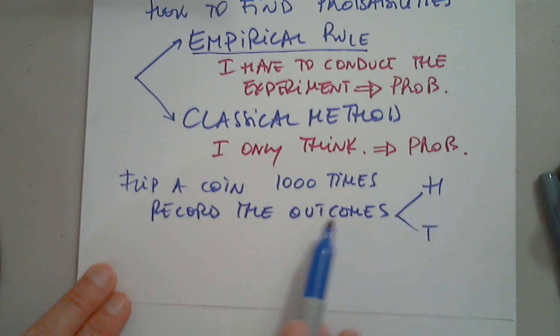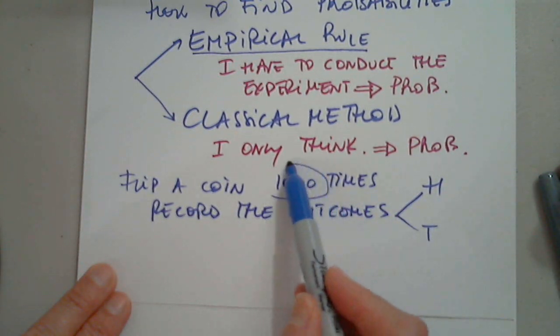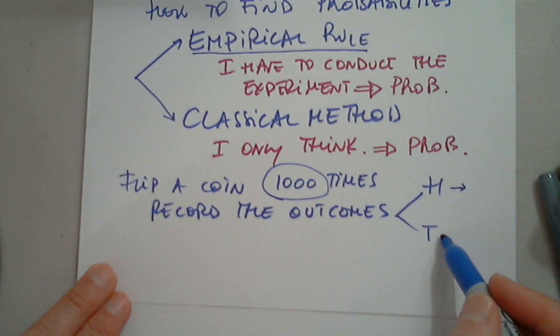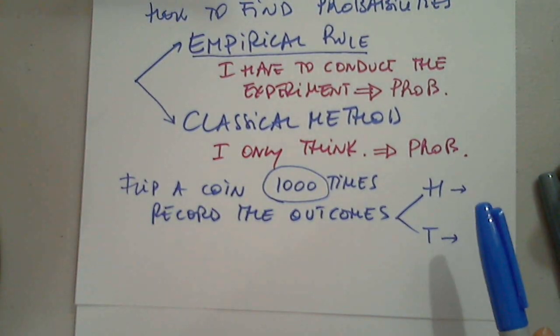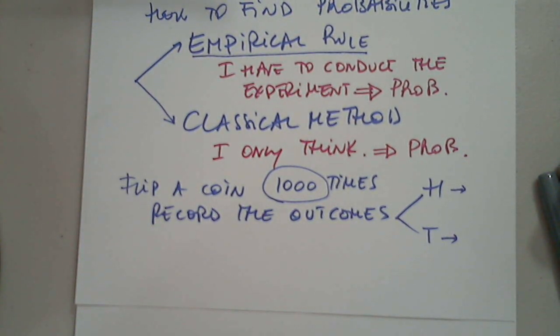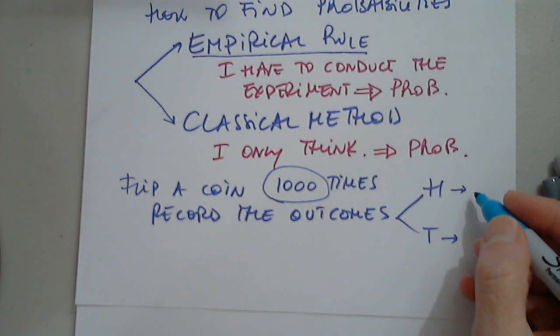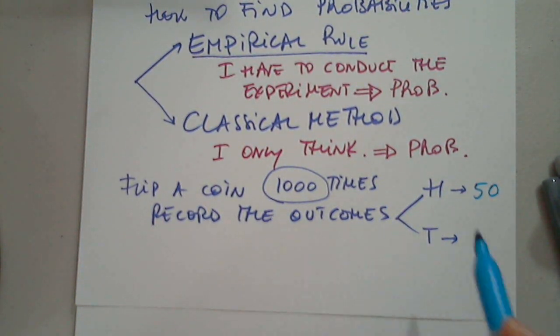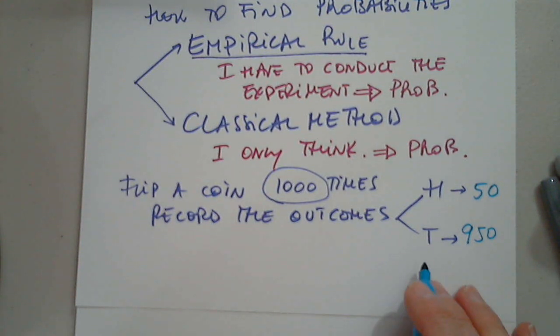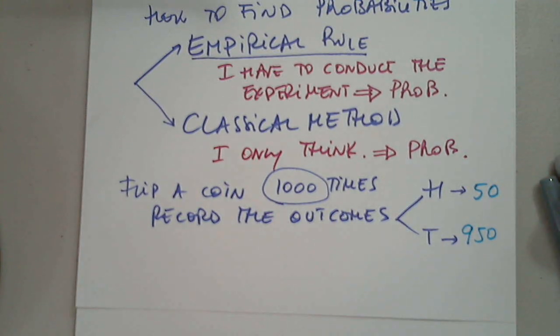A number for heads, a number for tails, but they have to add up to 1,000. So any number you want. So I recorded the outcomes, and I got heads how many times? 50. Oh, okay. So then you're saying that 950 were tails. Okay. Kind of difficult to fathom that, but who knows? It's possible. Anything is possible.